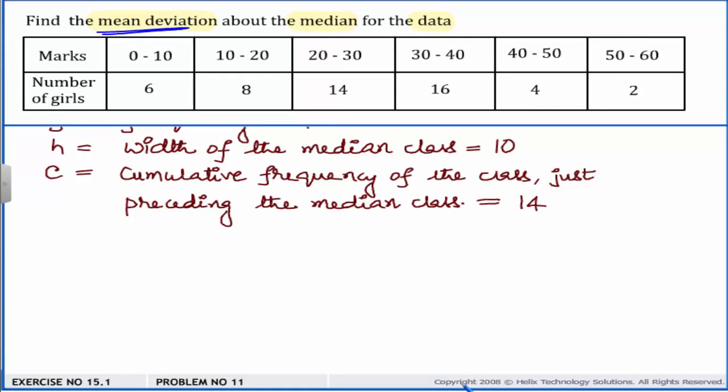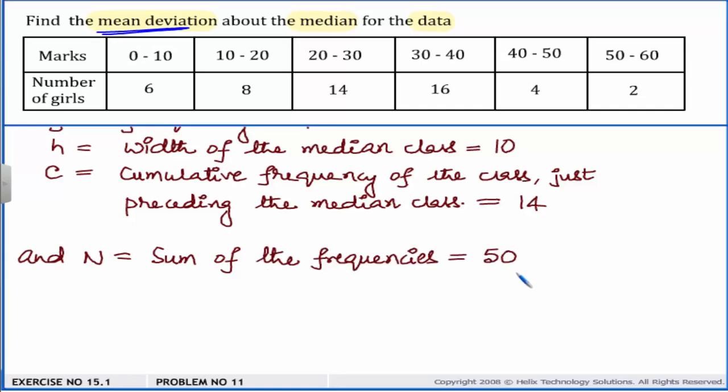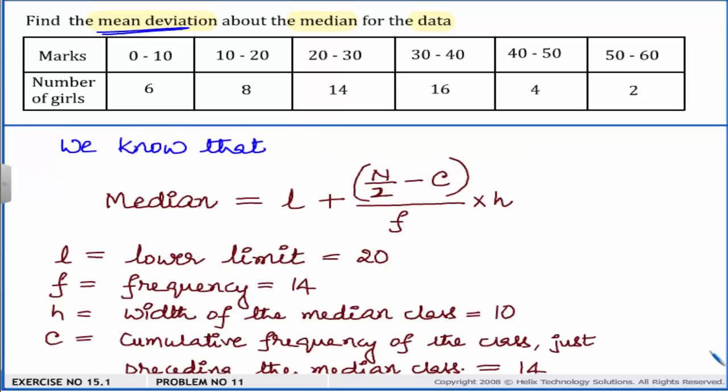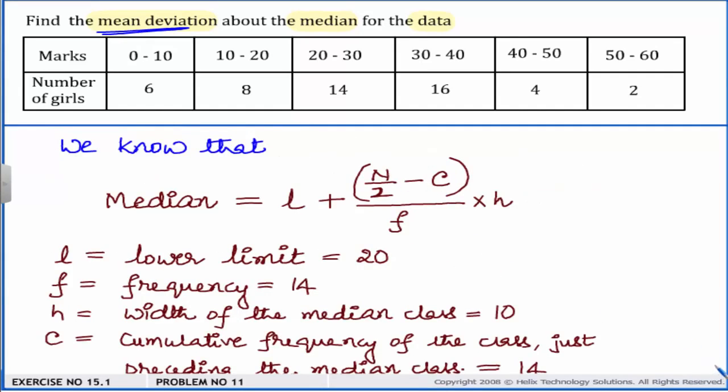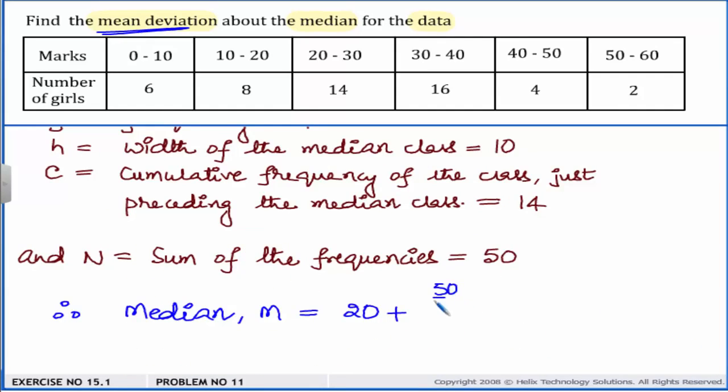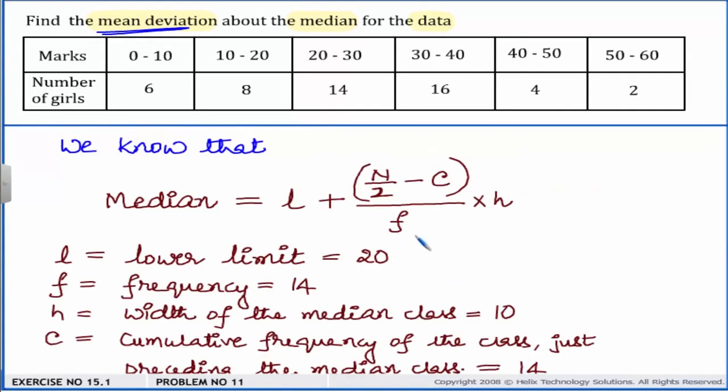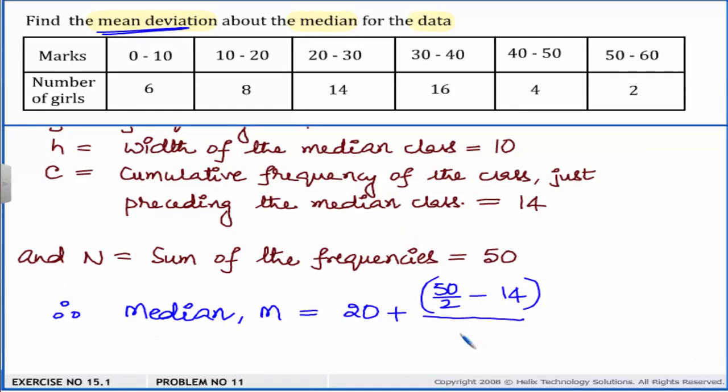And we have capital N is equal to the sum of the frequencies, that is equal to 50. Therefore, M is equal to L plus, that is 20 plus, n by 2 minus C, that is 50 by 2 minus 14, upon F, that is 14, into h, that is 10.